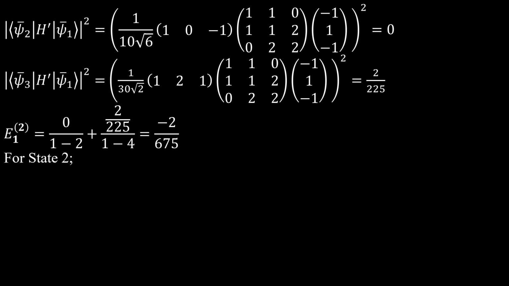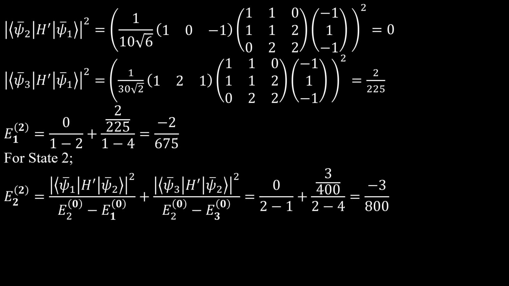For state 2 we do the same thing, so n is 2. When n is 2, j can only take values of 1 and 3, please. If you substitute it again, we are going to have this expression.